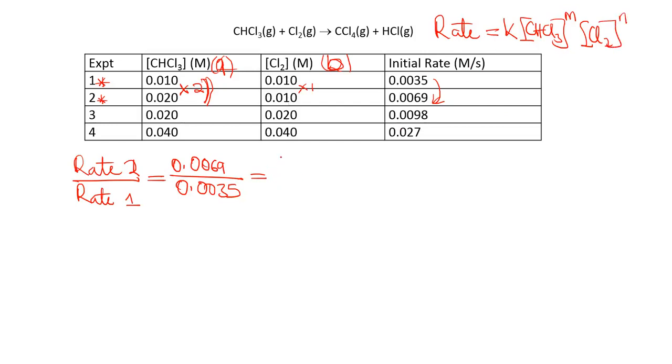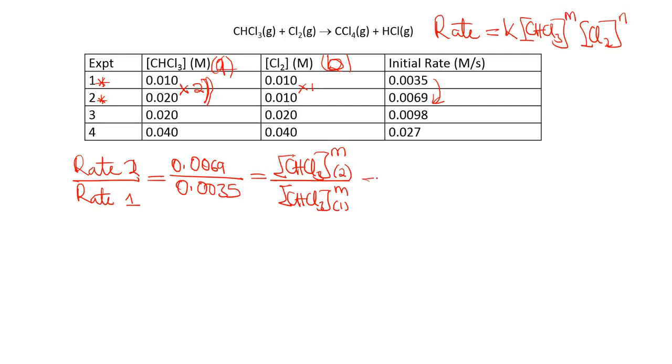What you remain with is the concentration of CHCl3 to the power m divided by the concentration of CHCl3 to the power m, but this is for reaction 2, this is for reaction 1.